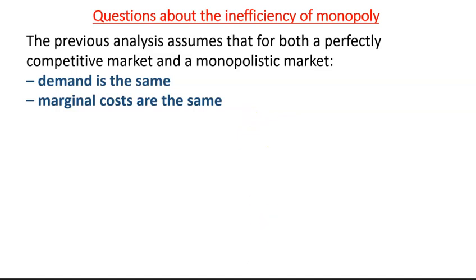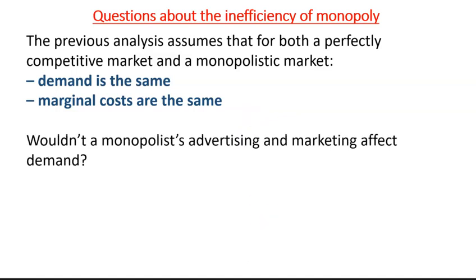But we really would want to ask ourselves, is that true? After all, it could pay a monopolist to advertise and to attempt to move market demand, obviously to increase it.